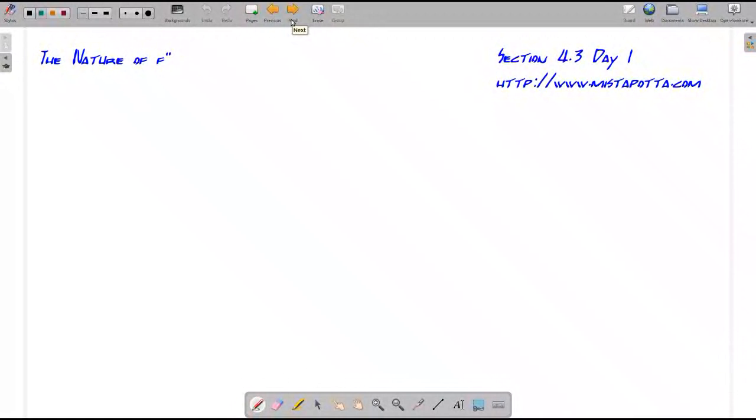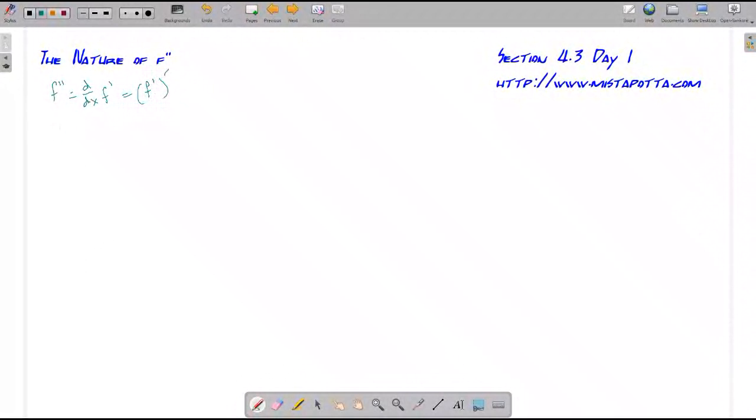So, my second derivative, remember that when I talk about the second derivative, this is really the derivative of the first derivative, or the first derivative's slope.